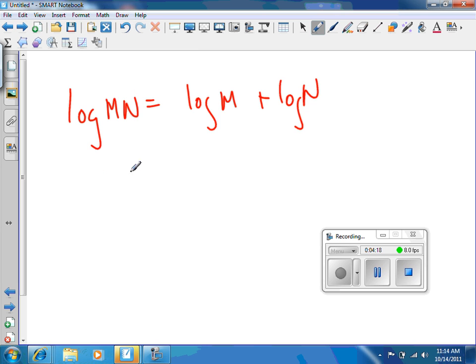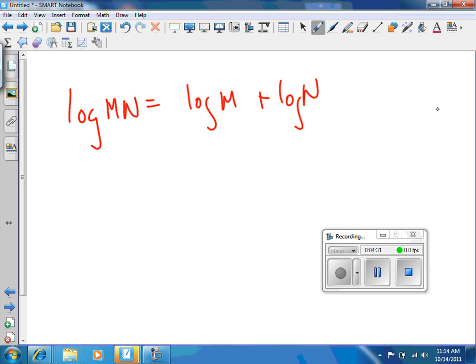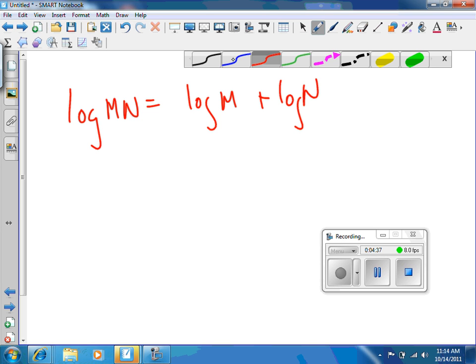What other laws would be very useful for this question? Well, the change of base law. Why change of base? Well, I see a 2, I see an 8, I see a 16. They're all different bases. So obviously, I'm going to be using the change of base law. What's the change of base law?